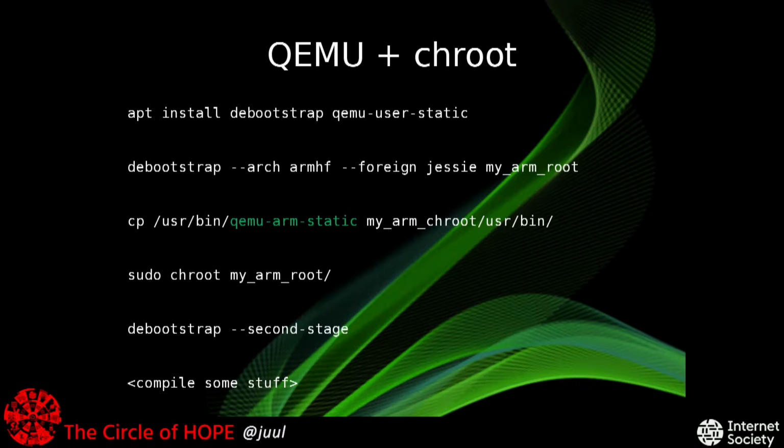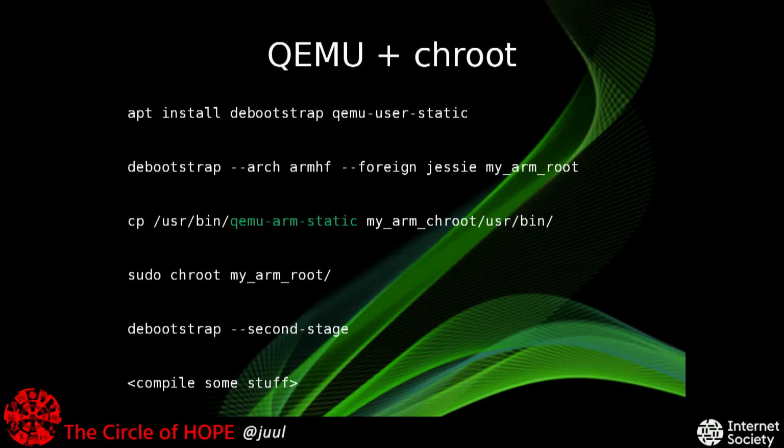You can do this on an x86 laptop, and then with QEMU you can do this interesting thing where you just copy this little binary called qemu-arm-static into usr/bin in the new Debian userland you set up. And then when you chroot into it, it automatically figures out whenever you run a binary to use the emulator. So it's transparent. You can just chroot and suddenly you're in an ARM environment and it all works.